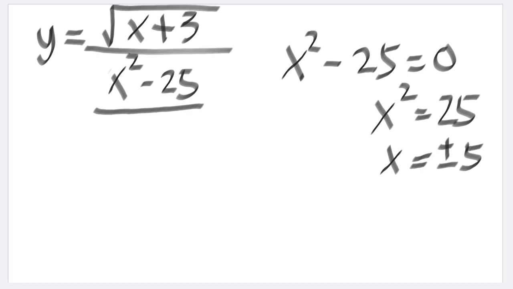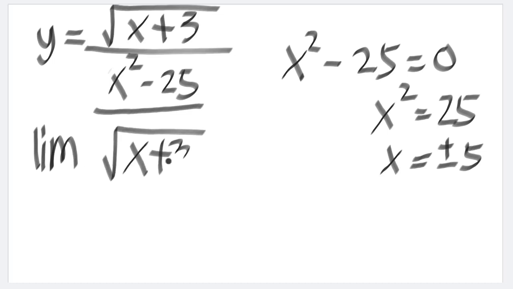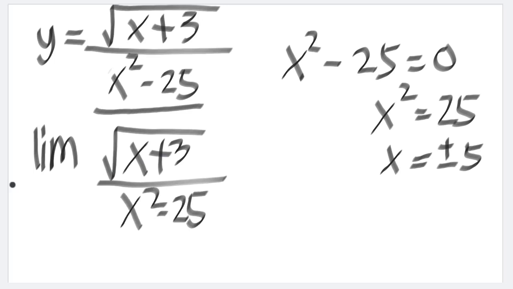We need to test whether positive or negative 5 is really the vertical asymptote of this function. So the limit of square root of x plus 3 over x squared minus 25. First, we need to test as x approaches positive 5, by direct substitution.